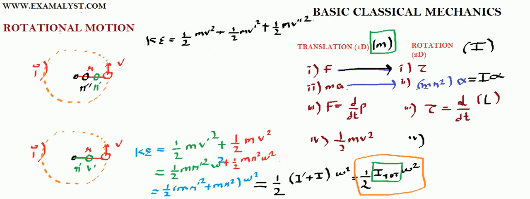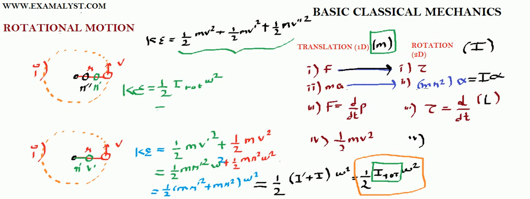But I would say to you that, hey, look, I can write this very easily. Don't write this big equation and then solve it. So let us write directly. The kinetic energy of the system of 3 balls will be half I total into omega square, because you know that omega is going to be the same for all the 3 balls.